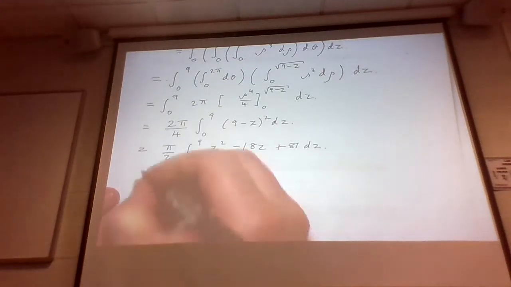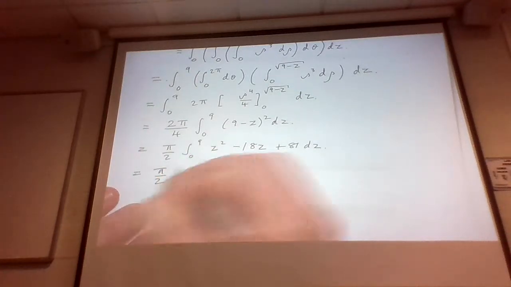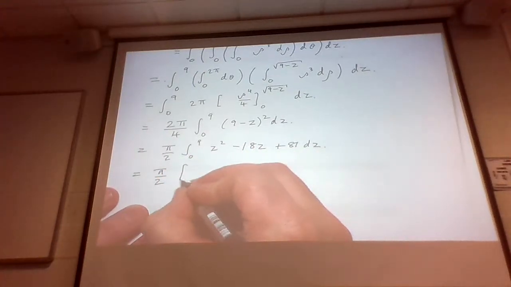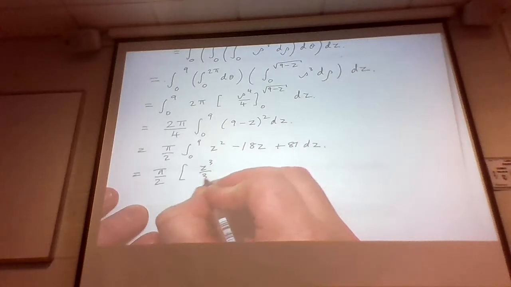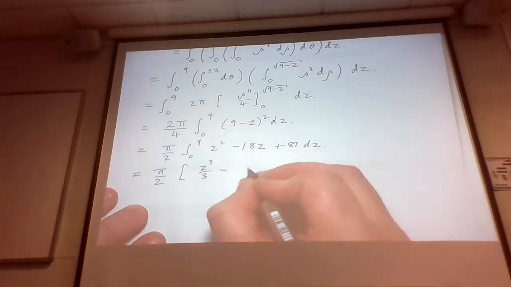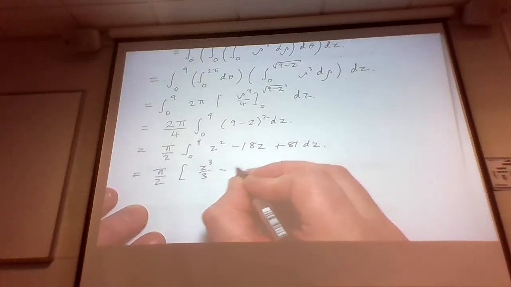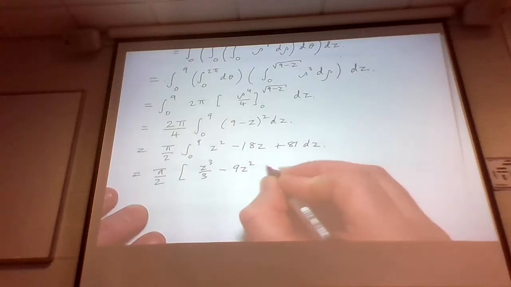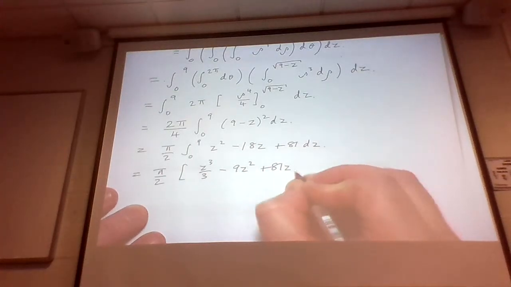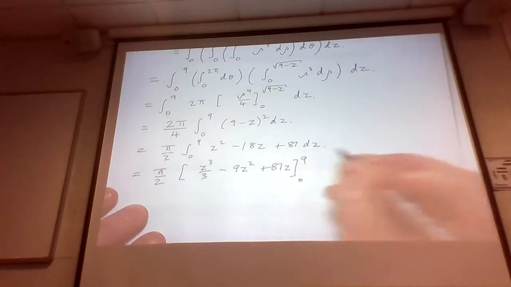And that will integrate. So everything's unraveling back to numbers. Z cubed over 3 minus 9z squared plus 81z, evaluated at 0 and 9.